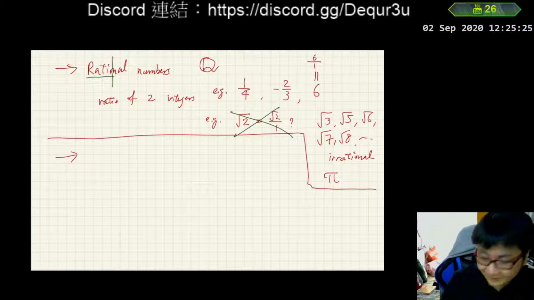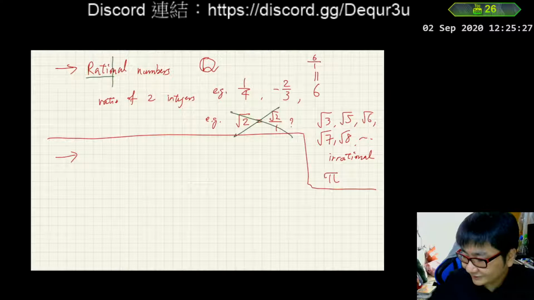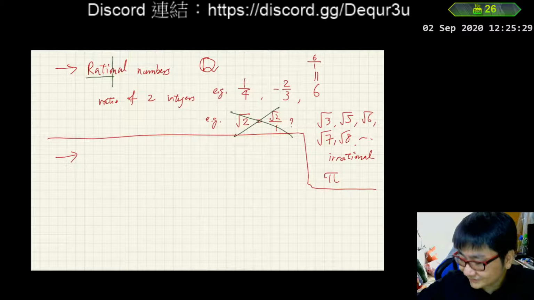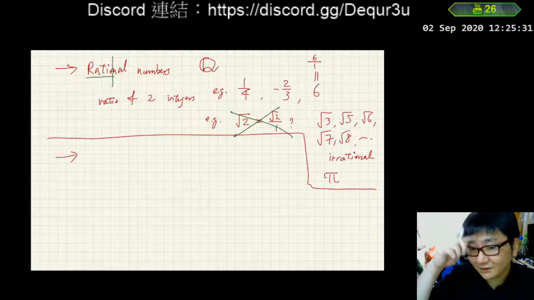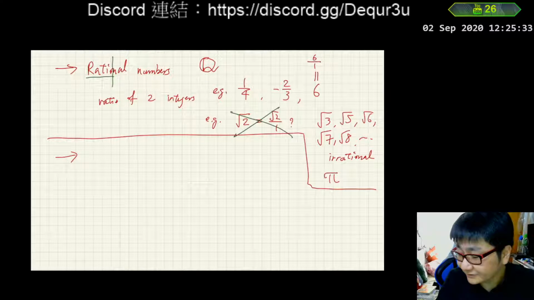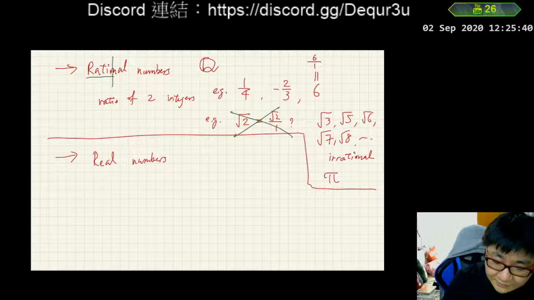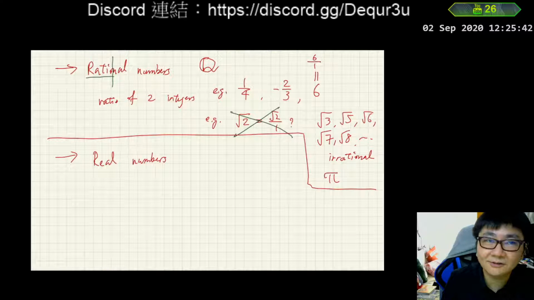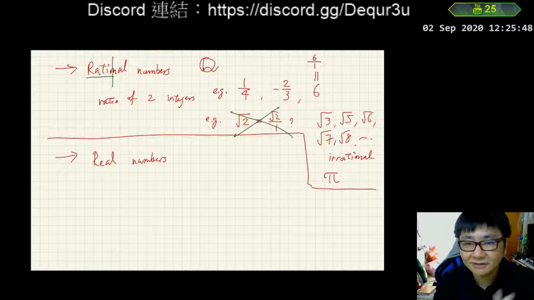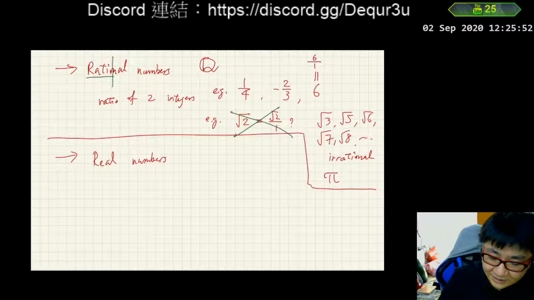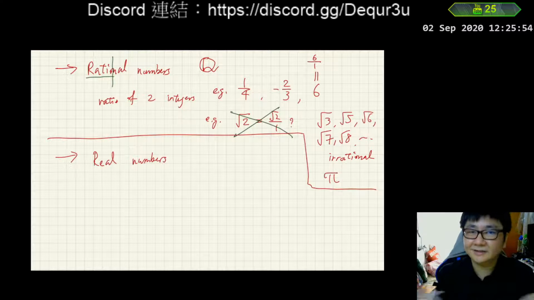Finally, that would be the final thing about sets, though there are maybe a few more other things to introduce. Finally, the real numbers. Real numbers just means combining every kind of number we have already learned, like integers, rational numbers, and even irrational numbers, and collecting them as one.